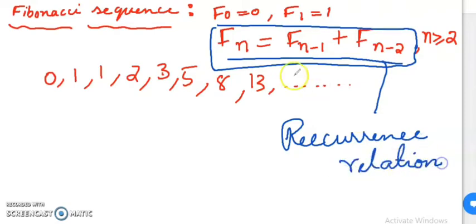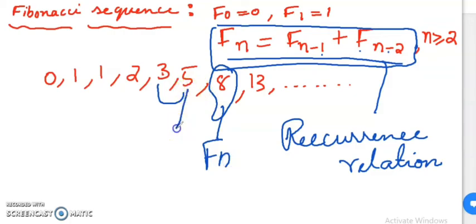F_n is the general term. If you take any number, it is the sum of the previous two numbers. Suppose this is F_n, this is F_(n-1), and this is F_(n-2). So always when you take F_n, it will be the sum of the previous two terms. So it goes on like this.